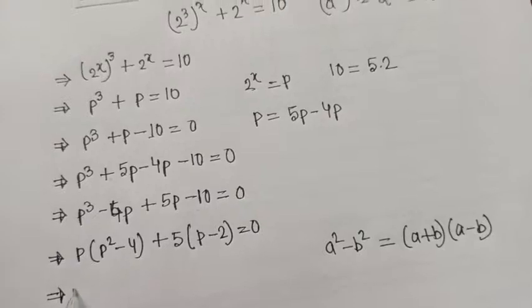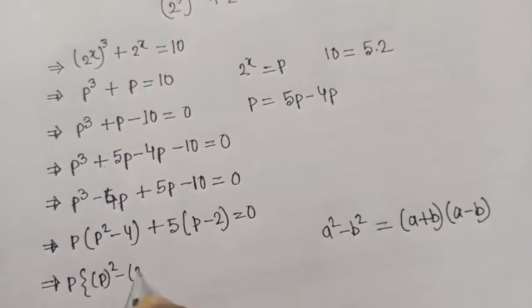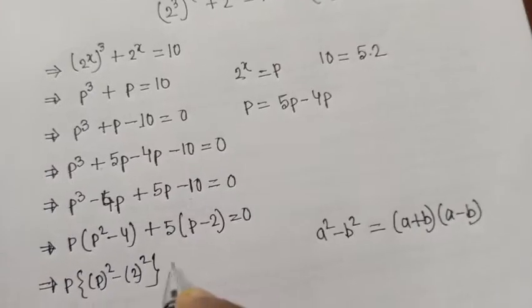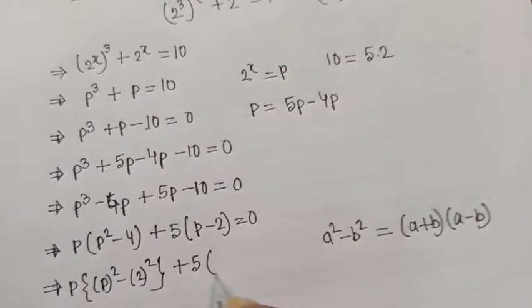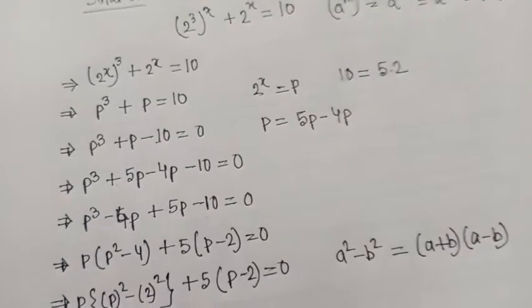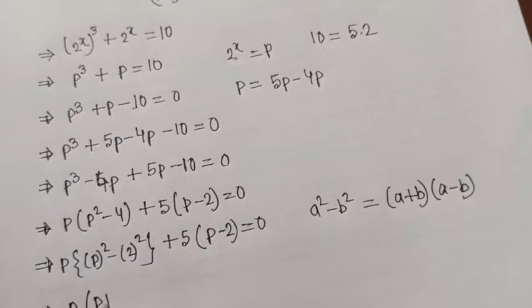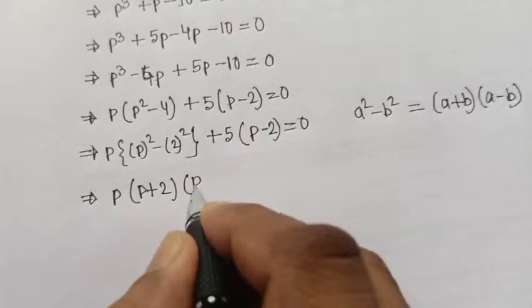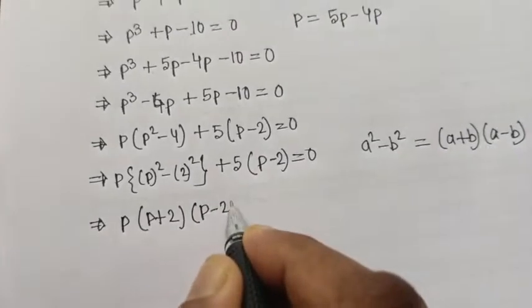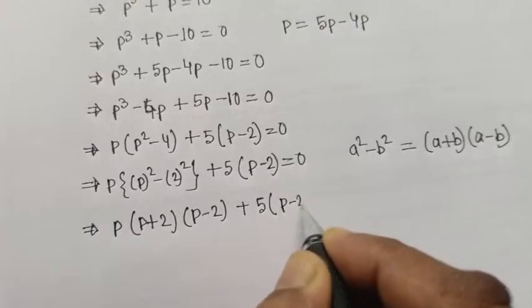So same here, if we put p square minus 2 square and p, like this, so now split that formula, p plus 2 into p minus 2, and the rest part will be 5 into p minus 2 equals 0.